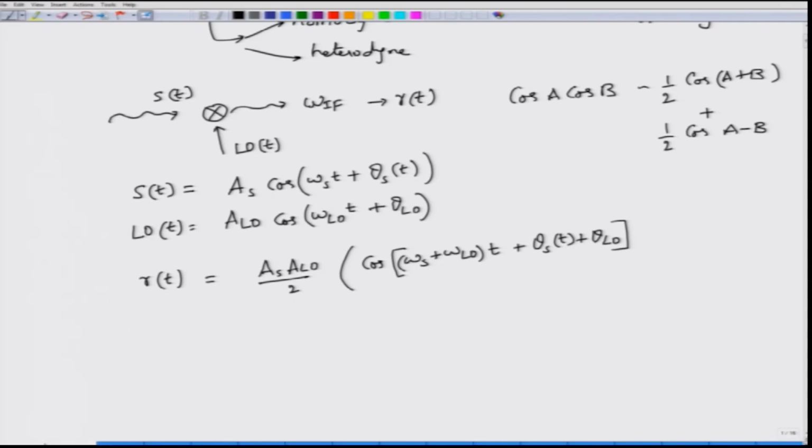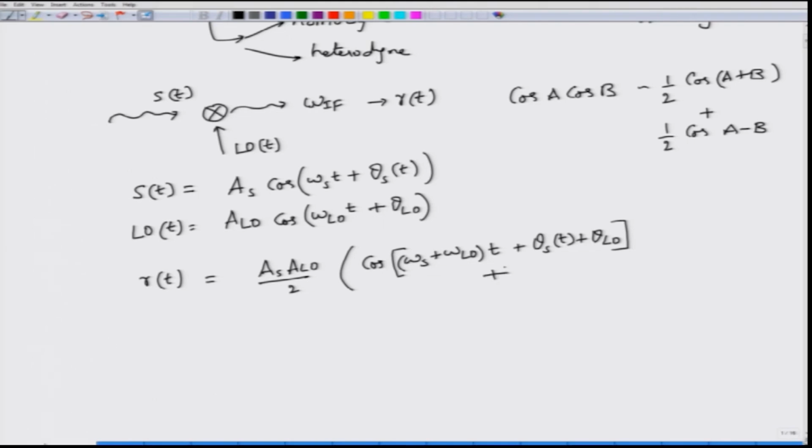In optical signals, these frequencies are much different, but if you take omega_s and omega_LO both to be large, with omega_LO approximately omega_s, the cos of (omega_s plus omega_LO) t term oscillates at a very high frequency, much higher compared to the intermediate frequency.